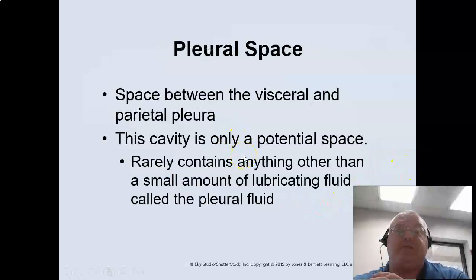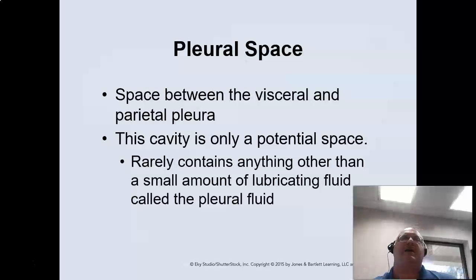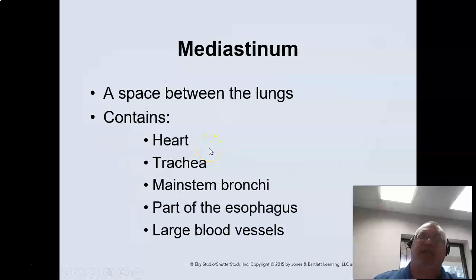So the pleural space, by the way, is between the visceral and the parietal pleura, and this cavity is a potential space. So sometimes you can get lubricating fluid in there, called pleural fluid. A lot of the times that gets infected, it dries up, and then you get rubbing of that. So we hear that rub, that sandpaperish type rub. That's where you hear it, in the pleural space.